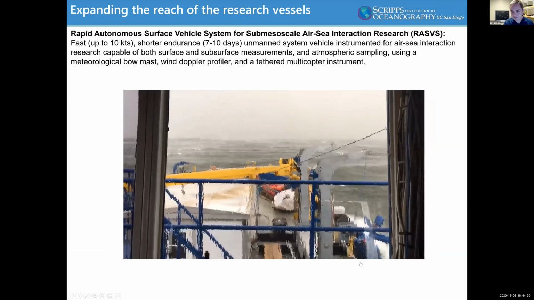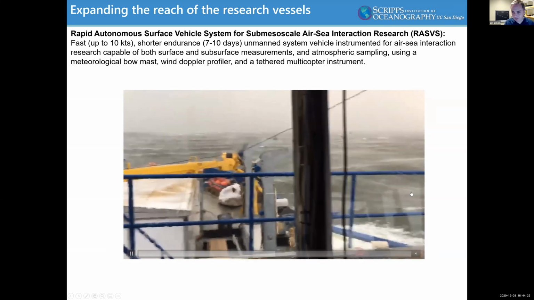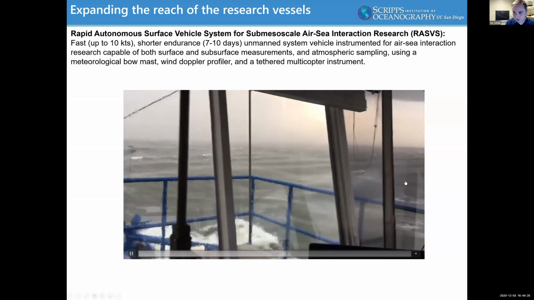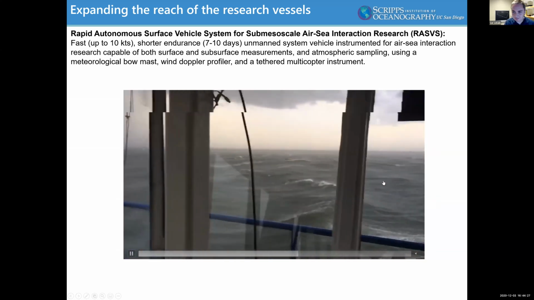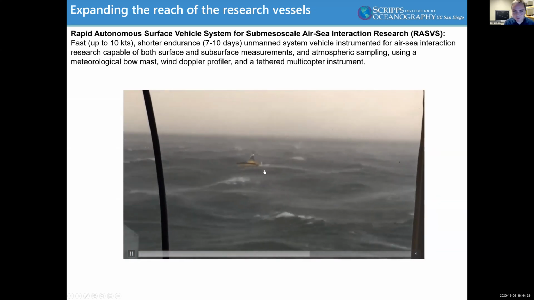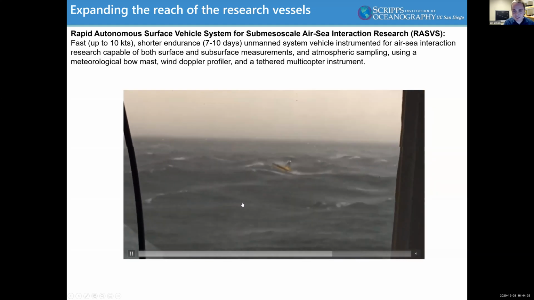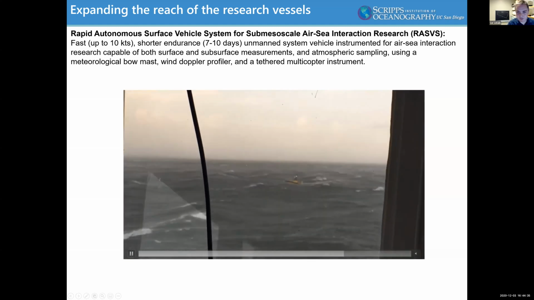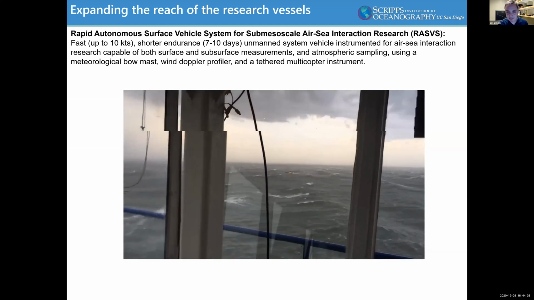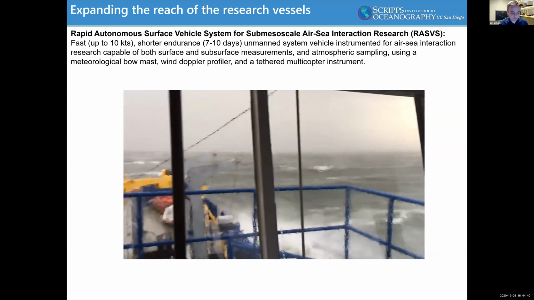This was collected from a hydrographic vessel in operation. But in terms of seakeeping capability, if you look at the way the platform is handling the waves, I think it's quite remarkable and reassuring as far as I'm concerned.